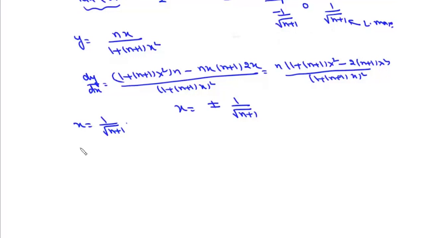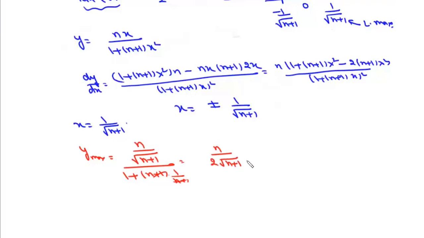So the maximum value of y will be n upon under root of n plus 1 and 1 plus n plus 1 times 1 upon n plus 1, so it will cancel. So it will be n upon 2 under root of n plus 1.